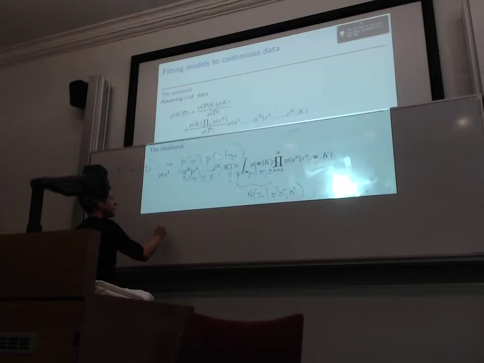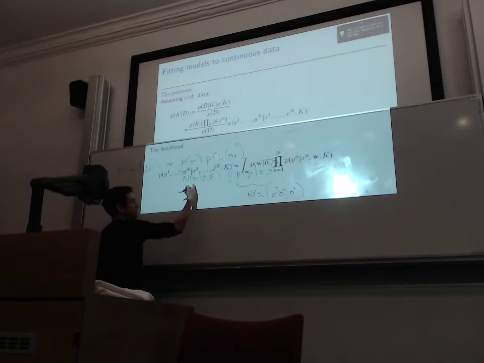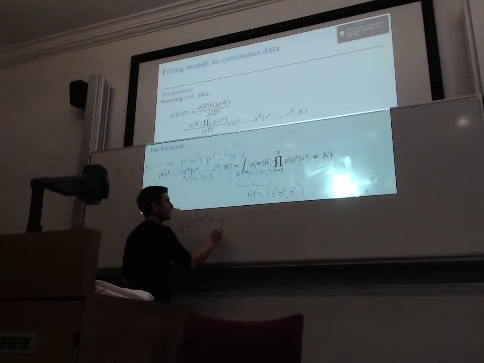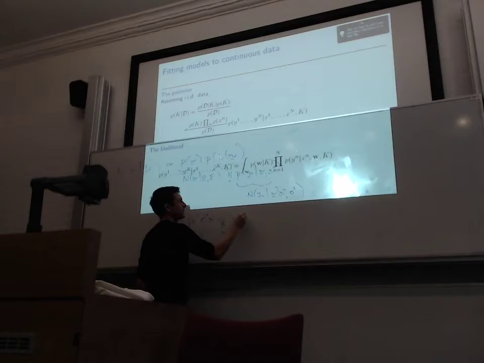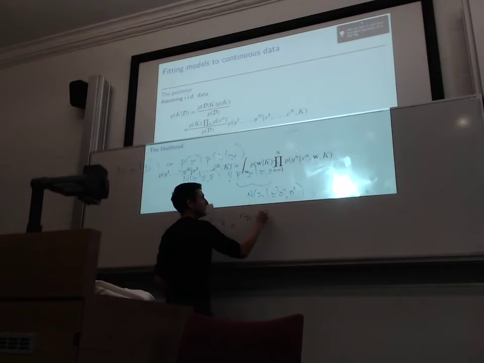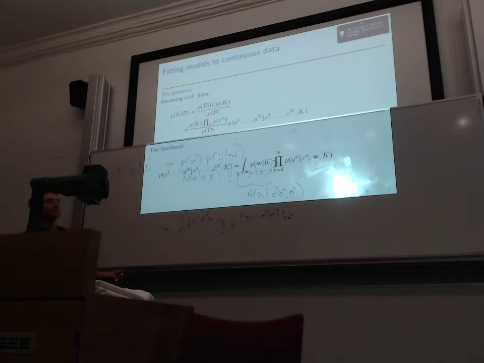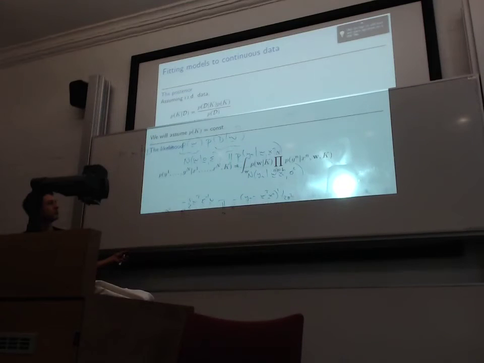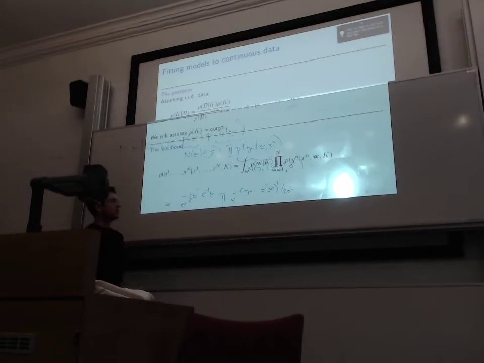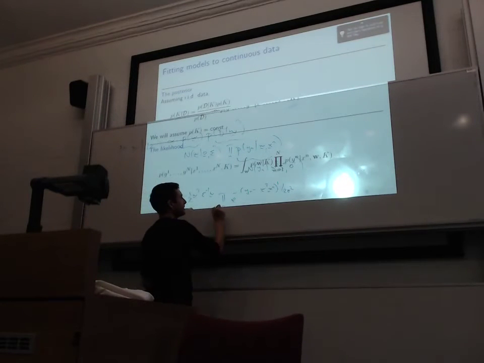So when you write this all out, what is that? That's going to be e to the minus a half W transpose sigma to the minus 1 W from the prior. And then from the likelihood you get a product over n of e to the minus (Yn minus W transpose Xn) squared over 2 sigma squared.